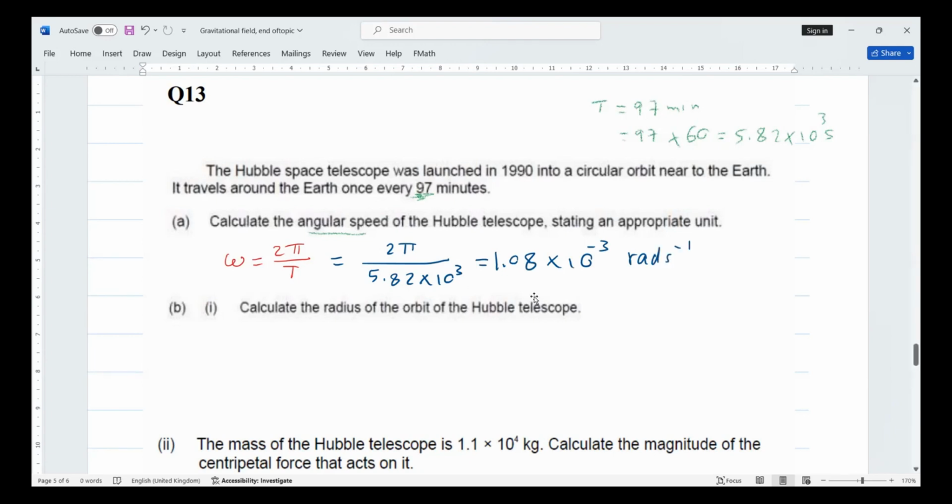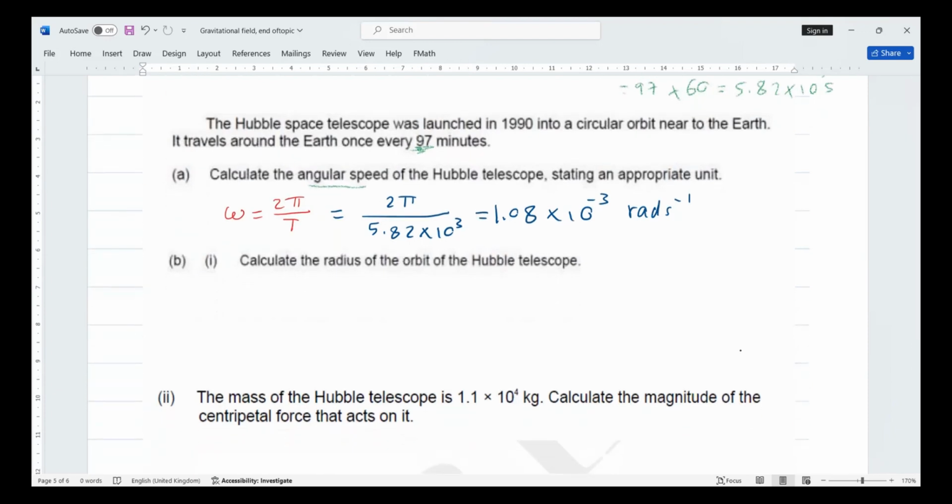Now calculate the radius of the orbit. How can we calculate the radius of the orbit? Follow me, please.